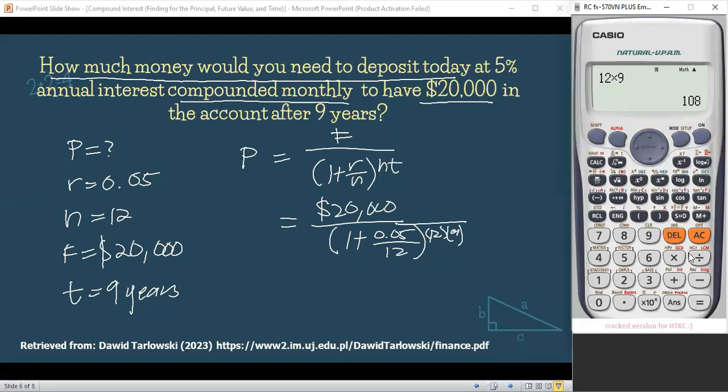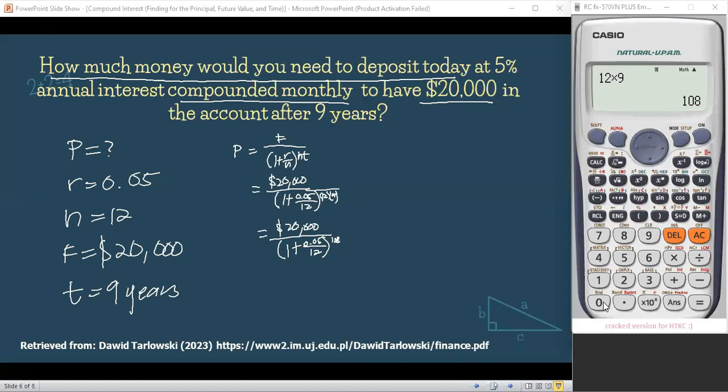That is 108. Now 0.05 divided by 12, that is 0.00416 approximately. So i-plus 1 na po natin. So plus 1 raised to 108.